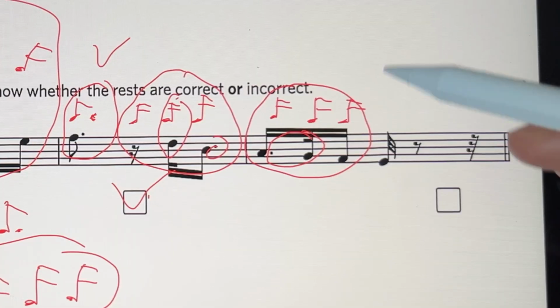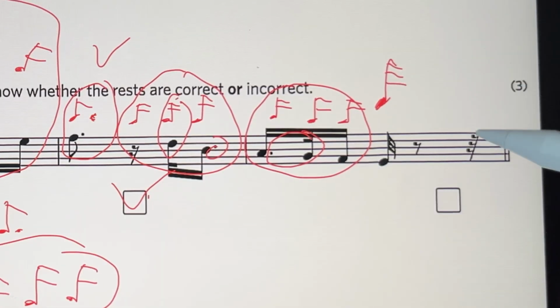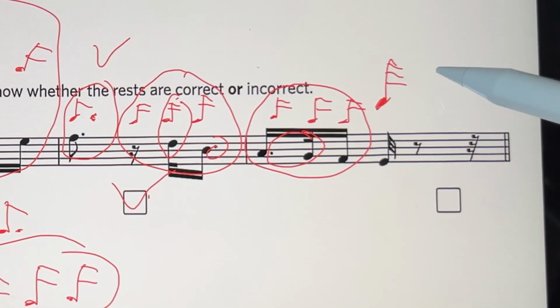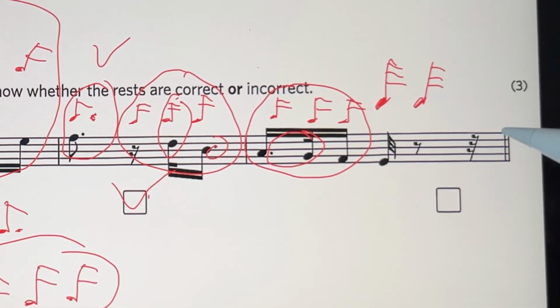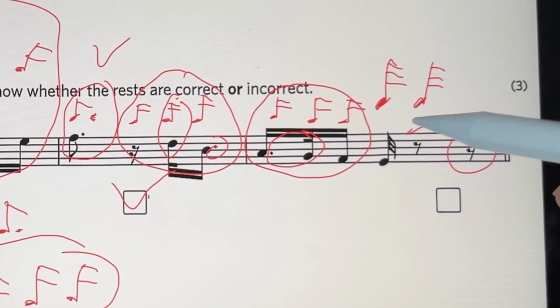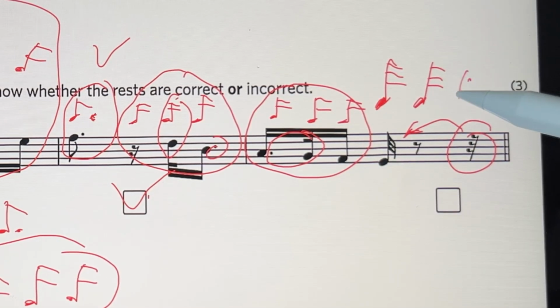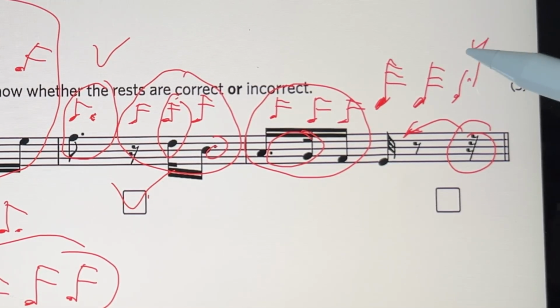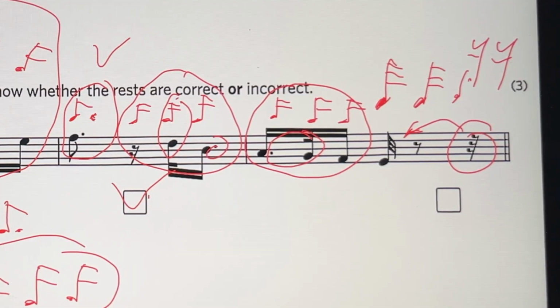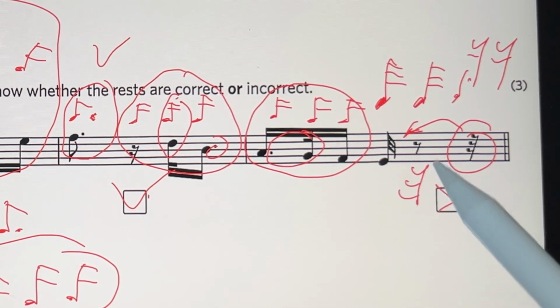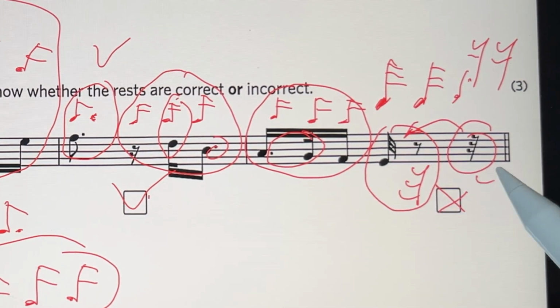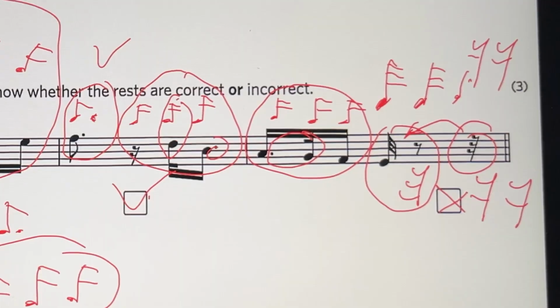Next one, I have a demi-semiquaver here, and this demi-semiquaver and this demi-semiquaver are supposed to be brought over here, and then I have a semiquaver and semiquaver. Okay, so this rest is incorrect. So if you want to do it, it will be this way. Yeah, this belongs to 1, and then the rest will be like that.